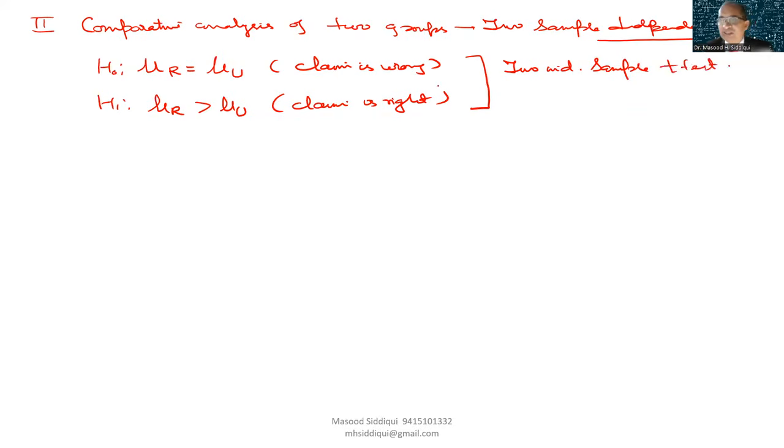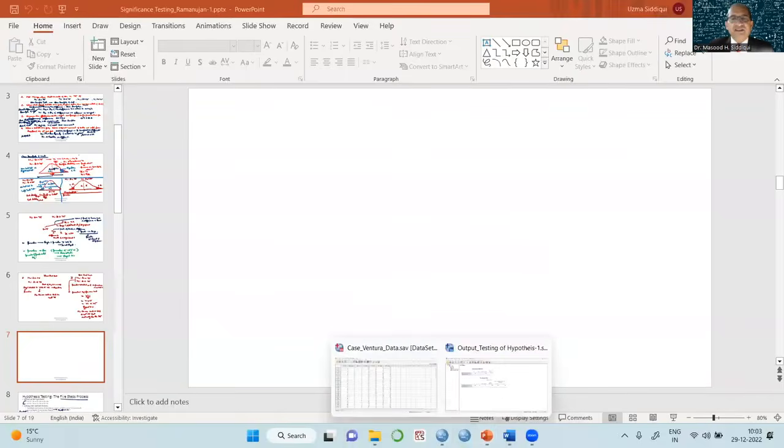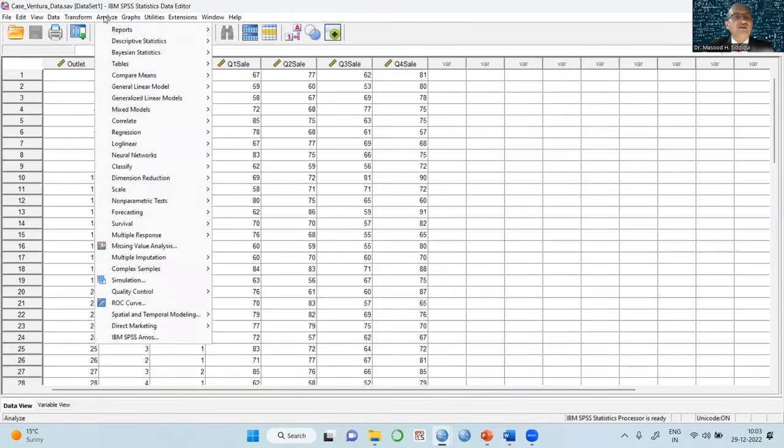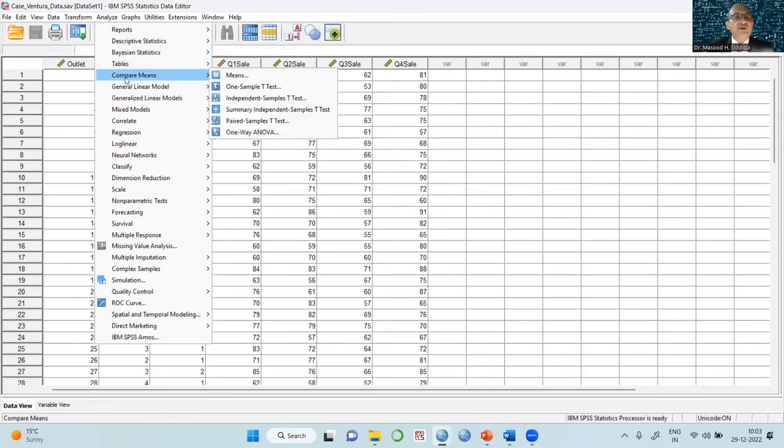So we are going to do this test on SPSS, then we are discussing the output. So let me change the screen. This is the data that we were discussing. As we have discussed earlier also, all the analytical tools are available under this Analyze option. In Analyze, we have the drop down menu. As we go to Compare Means, we have already used the one sample t-test.